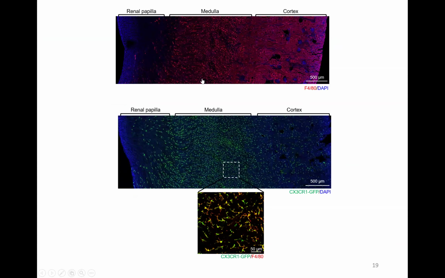So when we examine the global presence of macrophages in the kidney, the most striking finding is that the medulla had the highest density of macrophages compared with cortex and papilla, in both F4/80 staining and CX3CR1 reporter mice. What are they doing is our next question.